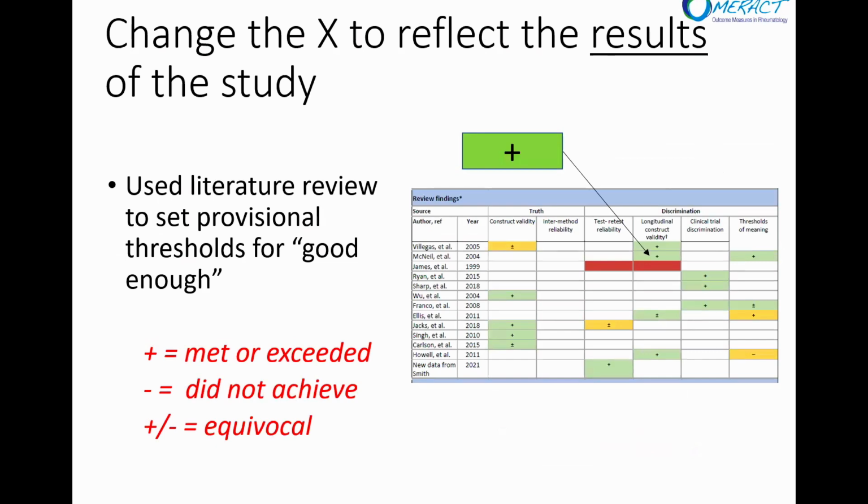So we used a literature review, and I'll show you a bit of that on the next slide, to set provisional standards for what good enough reliability or good enough validity is. And you assign a plus to the cell to say that it's met or exceeded that level of that standard, a minus that it did not achieve it, and a plus or minus if it's equivocal or perhaps there's multiple theories being tested and you're getting equivocal findings.